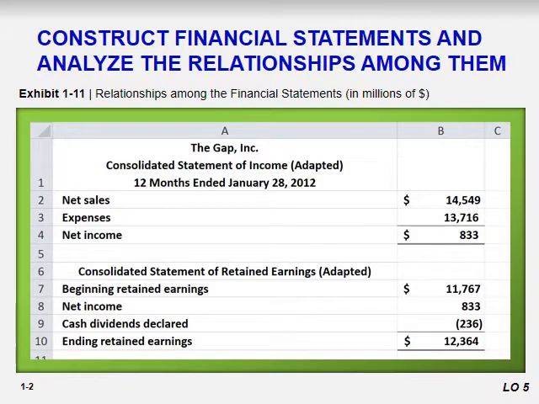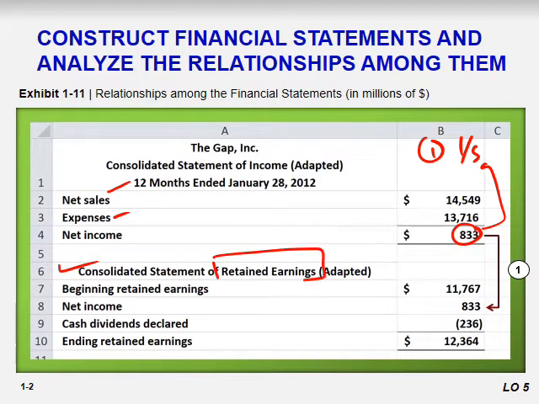Okay, let's further understand the relationship. It's a very nice graphical representation. So we have the income statement, sales and expenses, and we find net income. First we make the income statement, find the net income, and then the net income goes into the retained earnings statement.